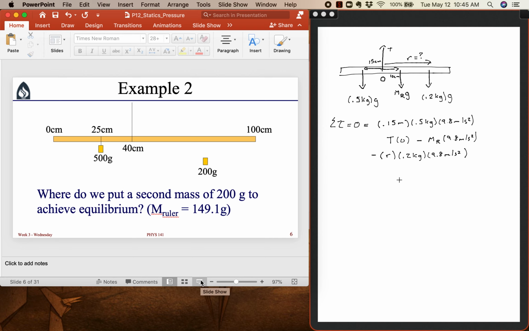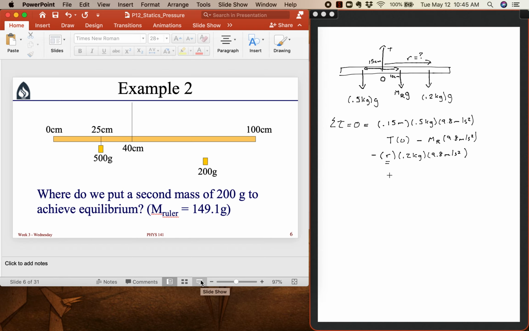All right, so the thing I want to find is this moment arm. I want to know where I am hanging this mass. And so I need to rearrange this equation so that I have this on one side and everything else on the other side.